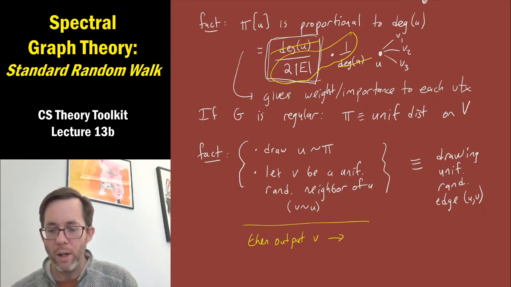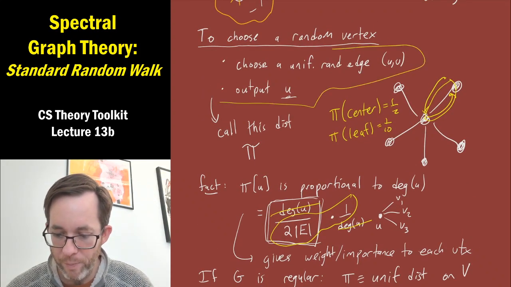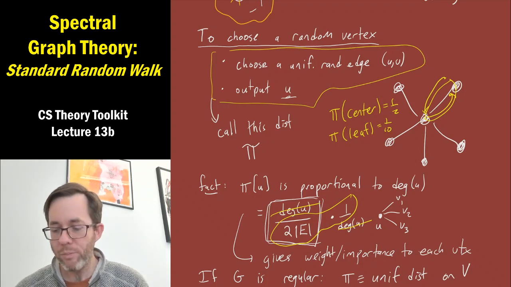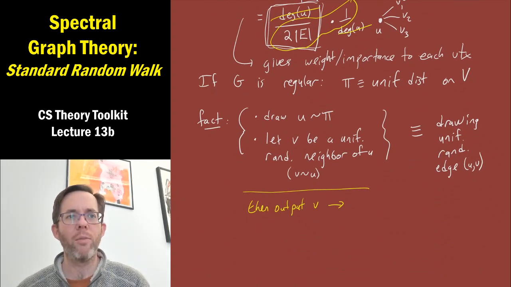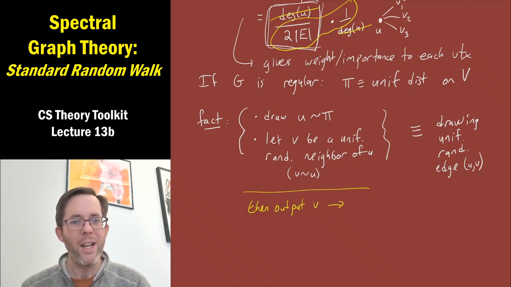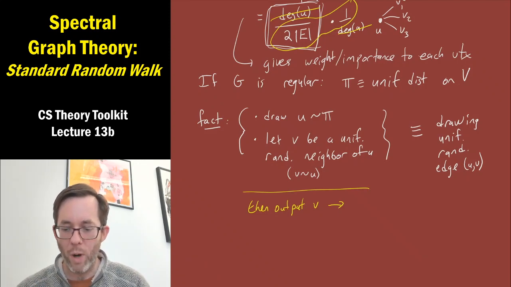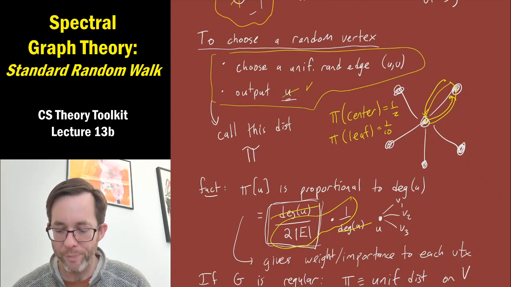And as I mentioned before, that's really the same thing as the probability distribution that defined pi. The reason for that is in the definition of pi, the probability of drawing the directed edge uv is the same as the probability of drawing the directed edge vu. They're both equally likely. So either endpoint of an undirected edge is equally likely to be the terminus or the initial point. And that's why, had we chosen v instead, it would have been the same probability distribution pi.